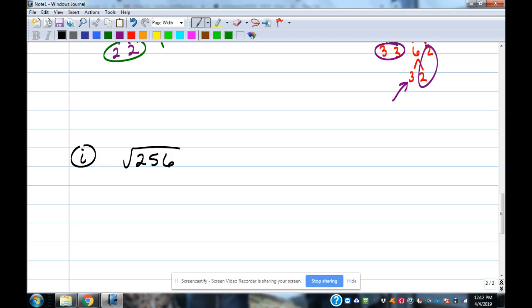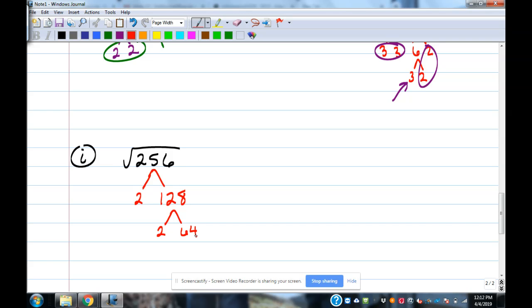True. How many times 2 go in 256? 1, 2, 1 left, 128. All right, so that got it half as big. So maybe we can work with 128. Okay, 2 goes into that, so we get 128 a little smaller.